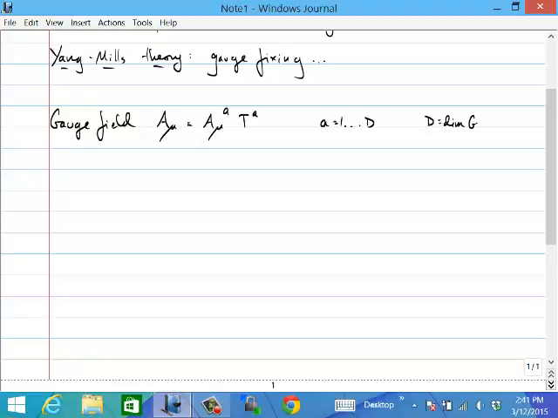So it would be 3 in the case of SU(2) and 8 in the case of SU(3). And the basic principle of Yang-Mills theory is that the theory should be invariant under a gauge transformation.